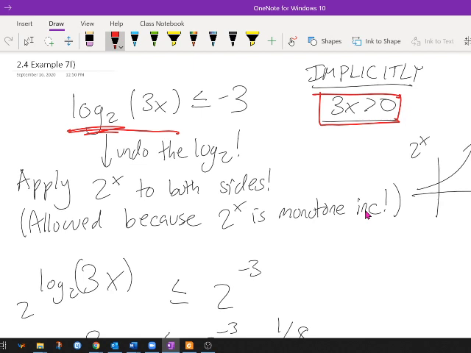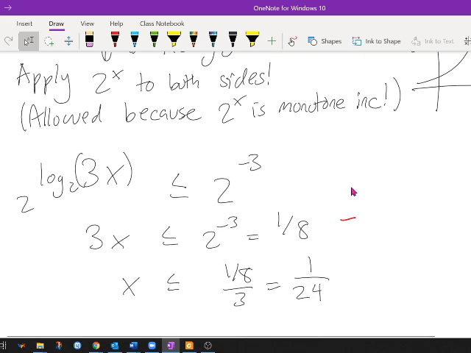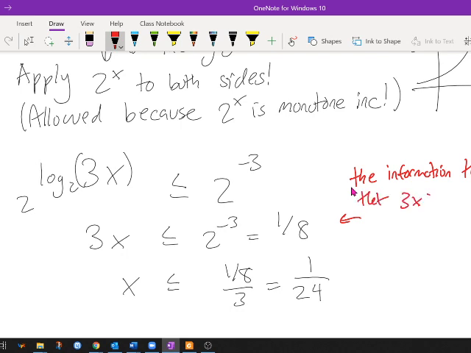So just by writing log 2 of 3x, automatically 3x has to be bigger than 0. And the problem you can see is that when we start doing these steps, we lose that information. So by the time we get to this step, the information that 3x is bigger than 0 is gone. So by the time we get to here, this information is totally gone.